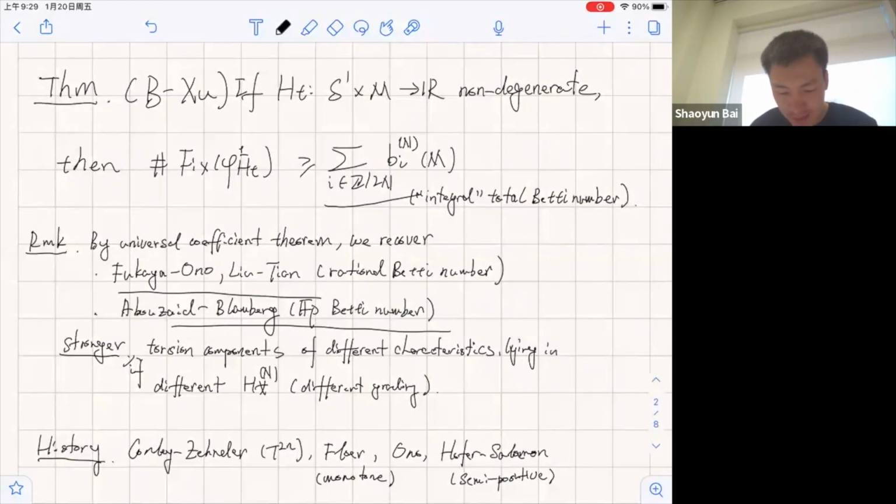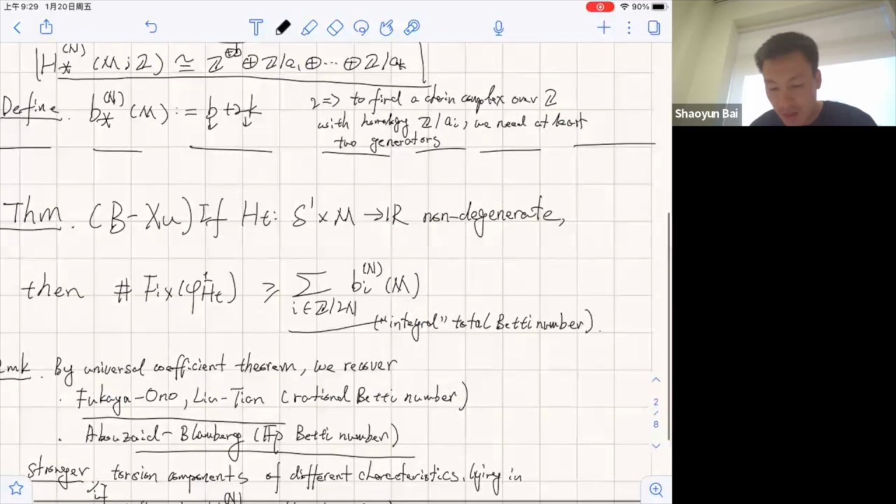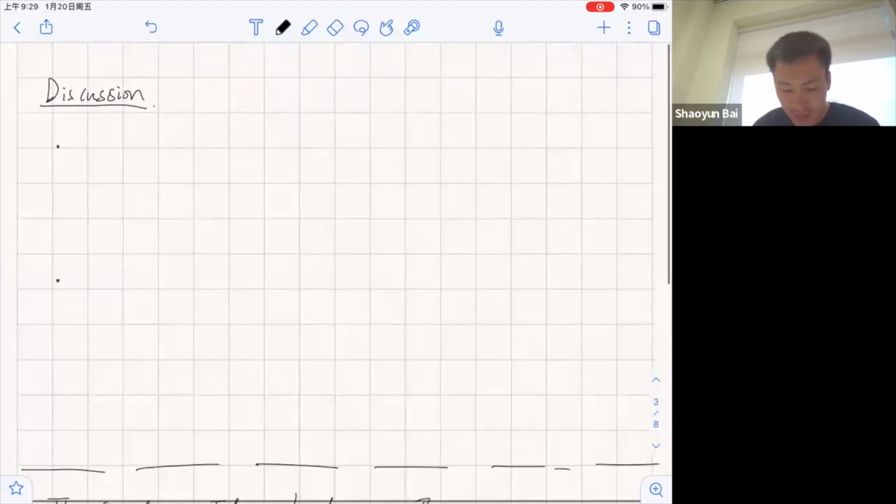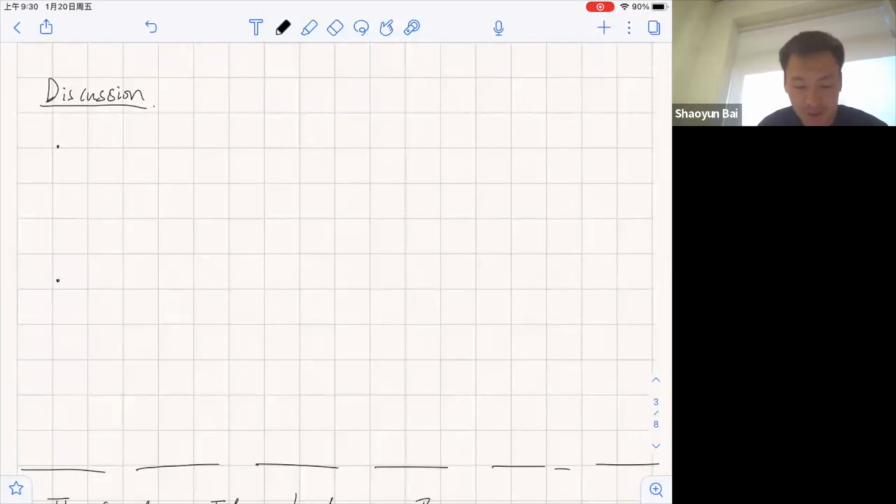Let me add some discussion about this statement before I talk about the proof. As you could see from the statement, we need to collapse the grading from Z grading to Z mod 2n grading. And because of that, some torsion components may be collapsed to the same component.